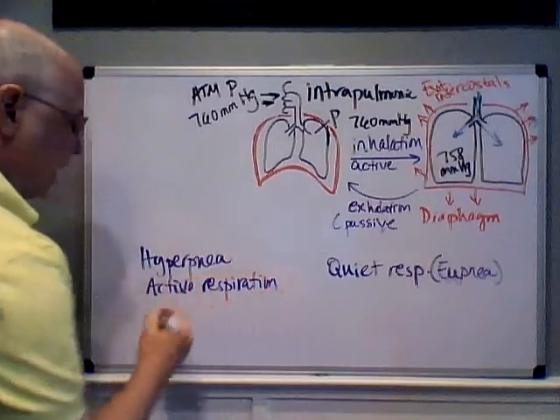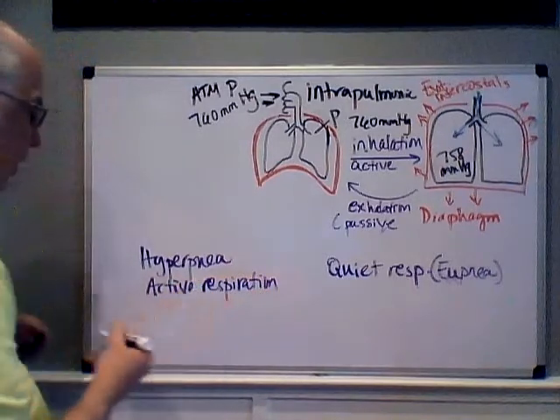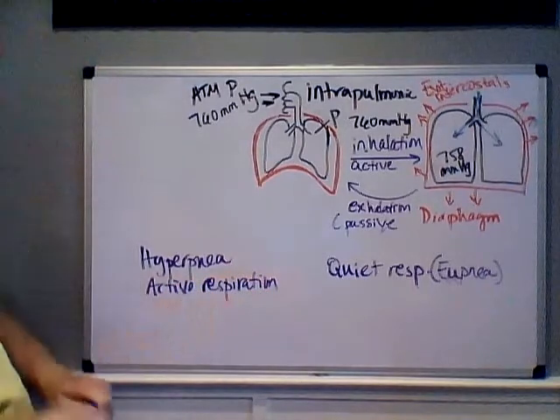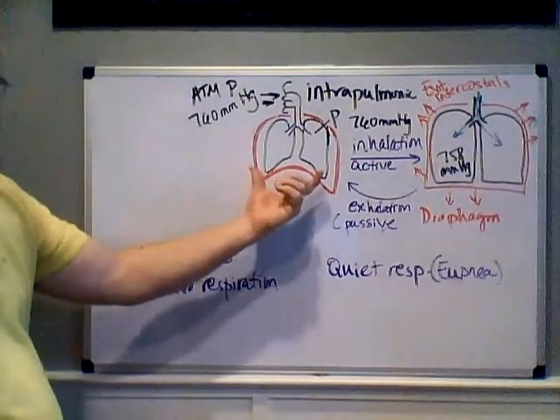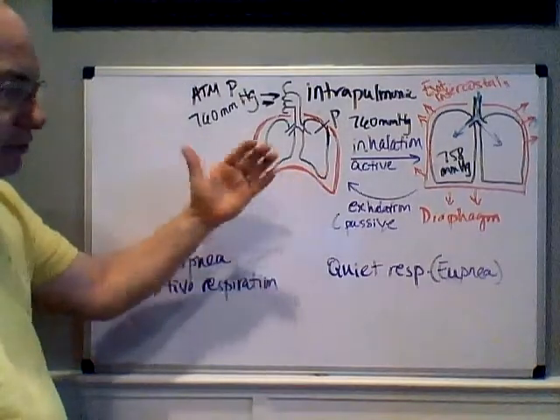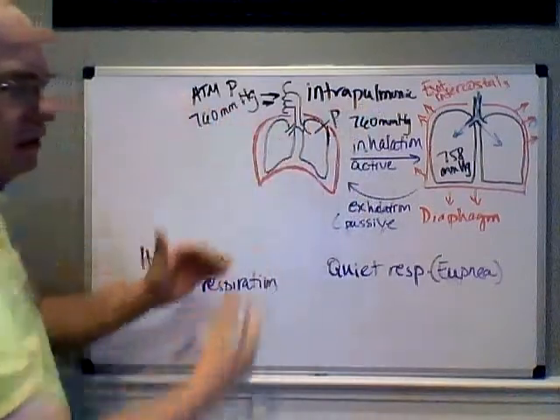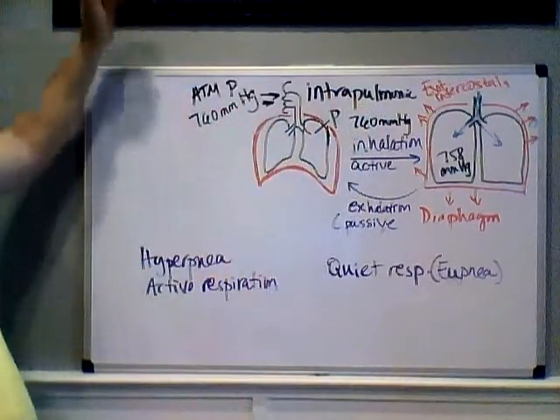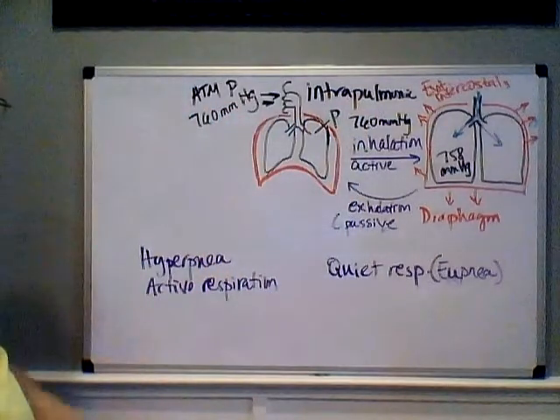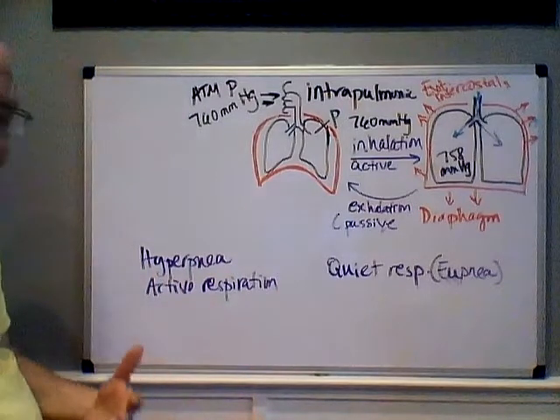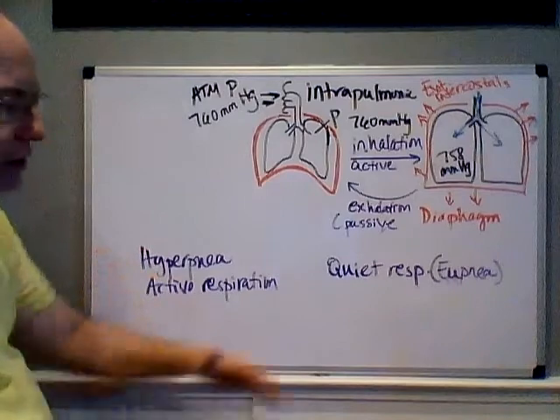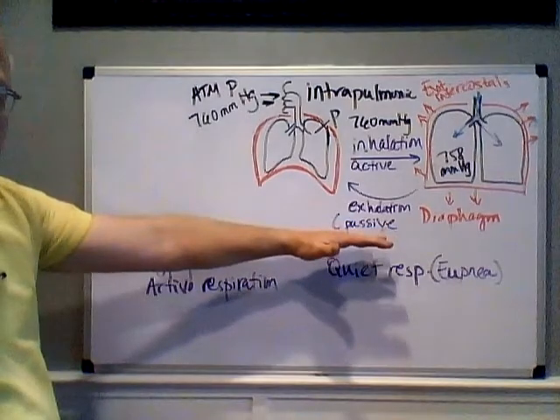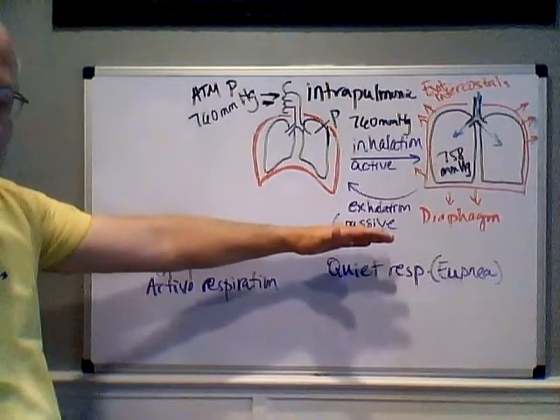In active respiration or hyperpnea, we're actually going to contract some different muscles that are going to squeeze down on the chest and raise the pressure even greater above atmospheric pressure, forcing excess air out. Hyperpnea is that kind of breathing that we do when we're exercising. This is what you do when you're sitting quietly resting or taking a nap or sleeping.